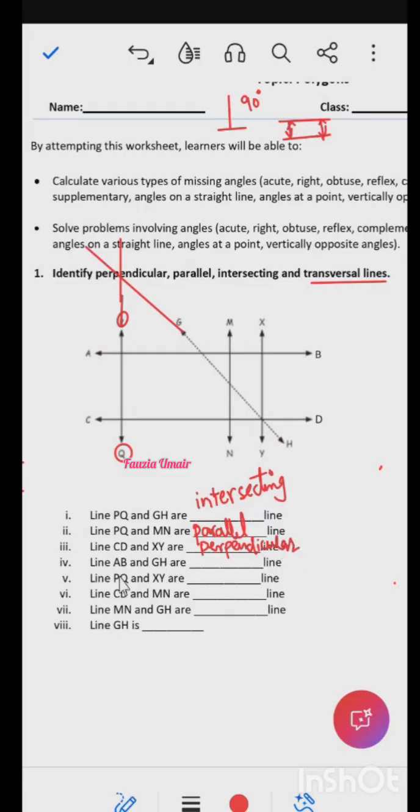So what about AB and GH? Intersecting. Right, they are also intersecting. I'm using I for intersecting. What about PQ and XY?